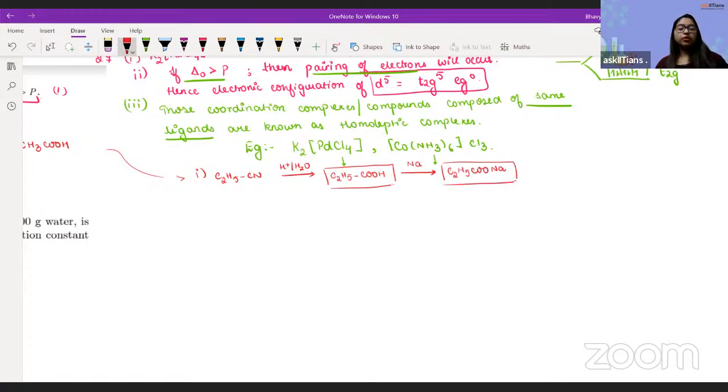Then I'll treat it with soda lime. Soda lime is NaOH in the presence of calcium oxide, with heating. When I do that, what will I get? I get C2H6 and CO2 gas removed.